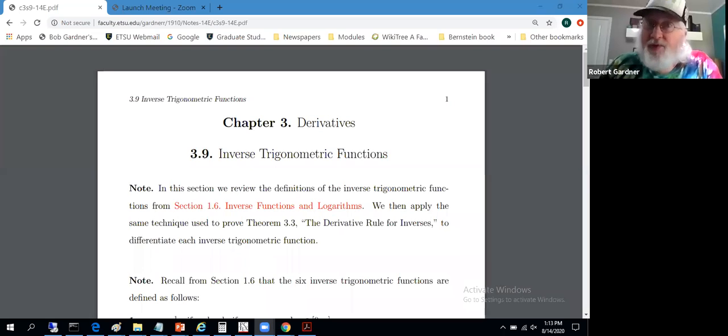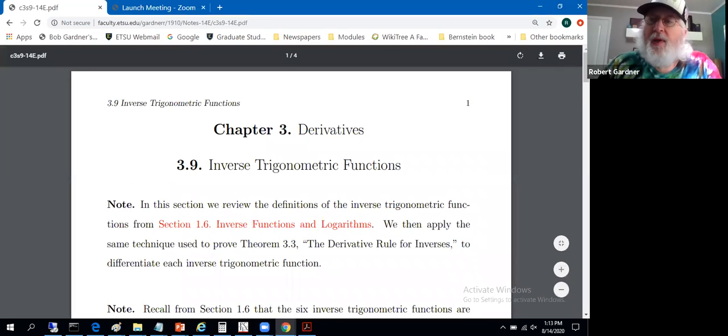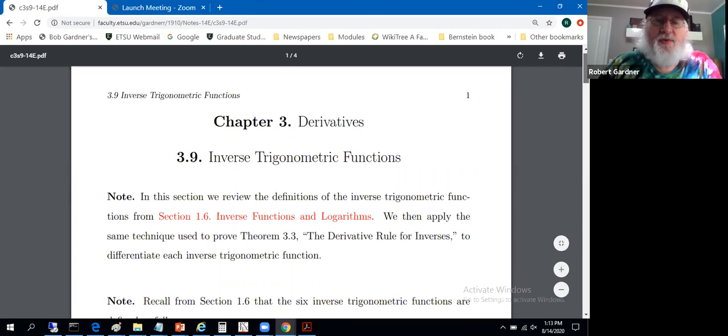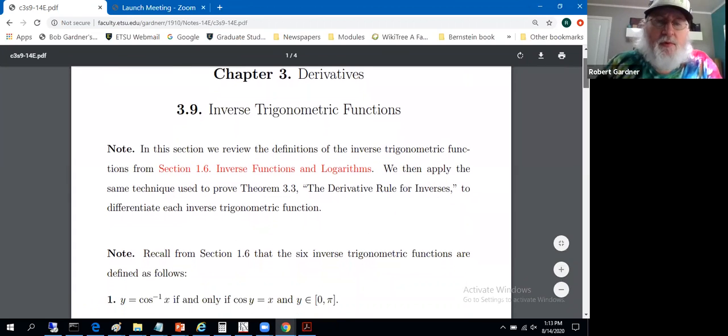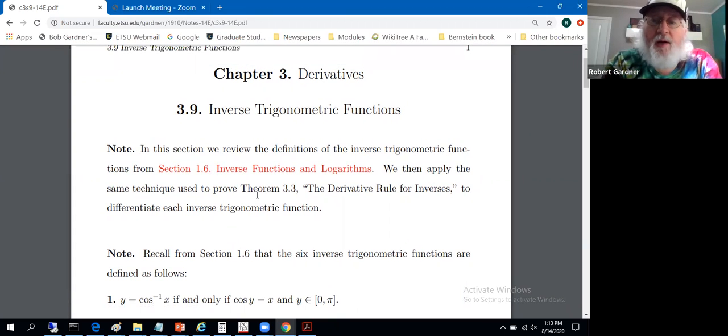Okay, our final class of functions that we will differentiate: 3.9, inverse trig functions. This will be a little bit redundant in places with some things we did in the review chapter. In section 1.6, we introduced inverse functions and logs and stated the definitions there of the inverse trig functions.